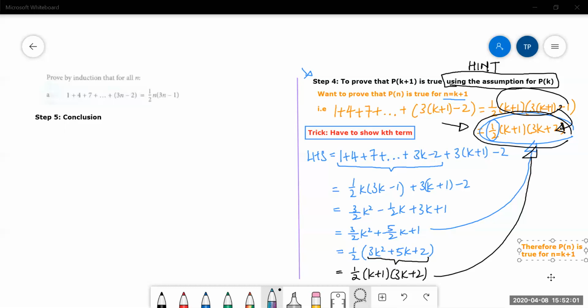Oh, so I don't have to put the right hand side equals to left hand side? You can. There's no strict rule to write or not write. But you can add in that since left hand side is equal to right hand side, therefore. Oh, okay.